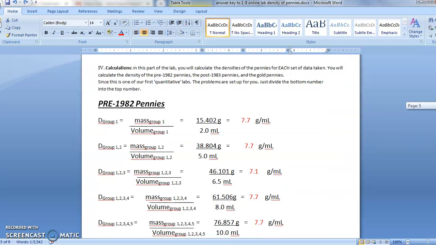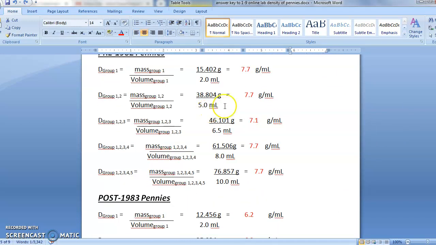We plug those numbers in. 38.804 divided by 5 is about 7.7. Again, this has 2 numbers in it, so my answer should reflect 2 numbers. So these have been rounded. You round to how many numbers, not to what place there is on a decimal when you're dividing and you're trying to observe significant digits or significant figures.